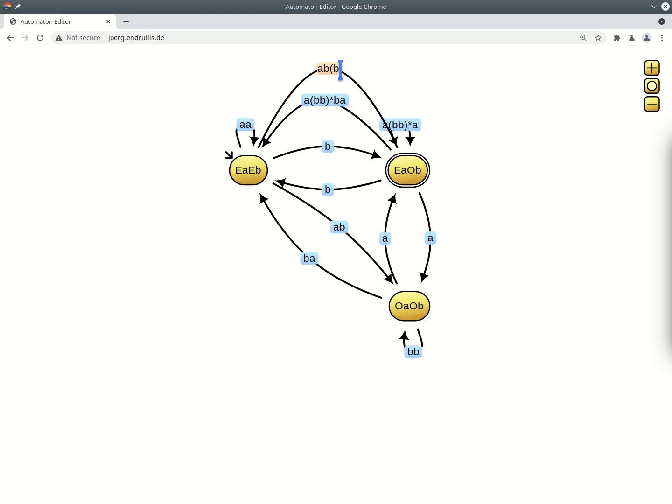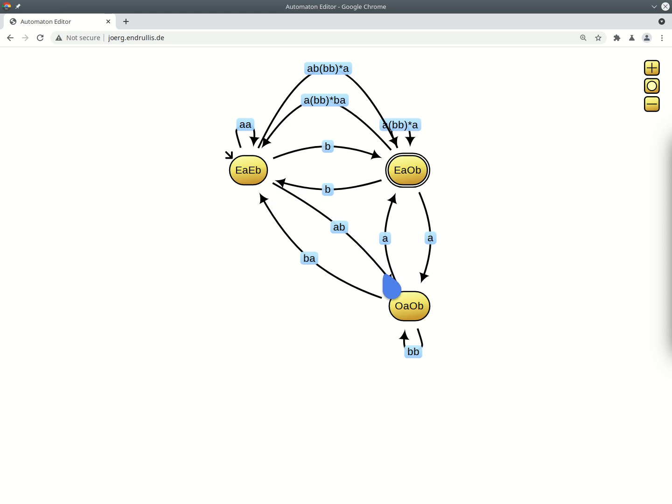Then the loop to the star, BB star. And the label of the outgoing arrow, A.